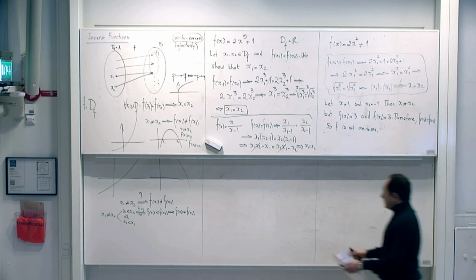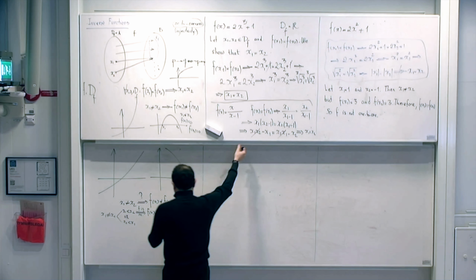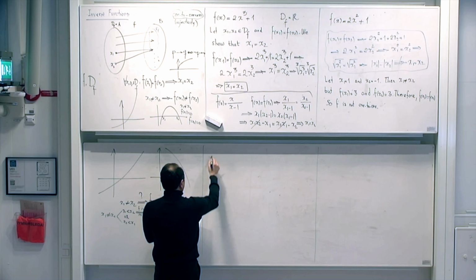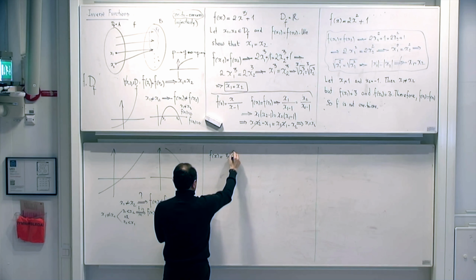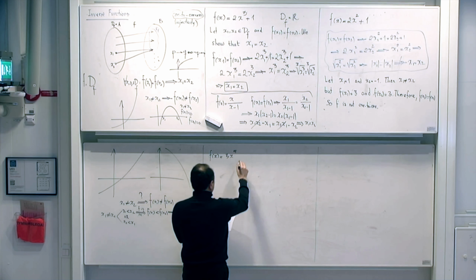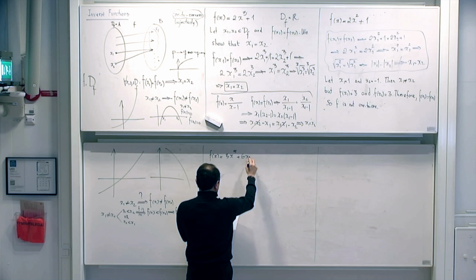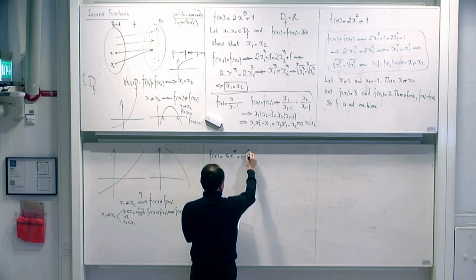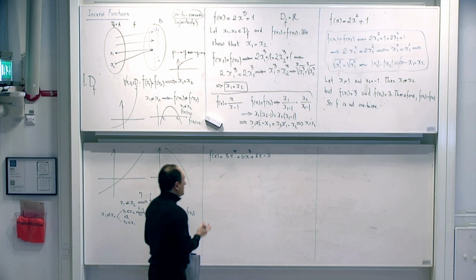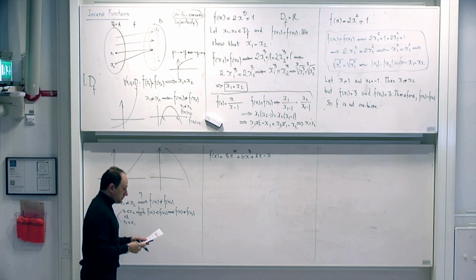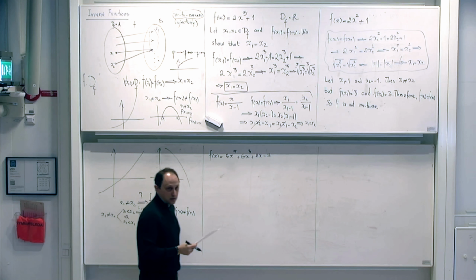For example, the next example: I have given you this function, f of x equals 3x to the power of 5 plus 3x to the power of 3 plus 2x minus 3. I am asking you to show that this function is one-to-one on its domain.